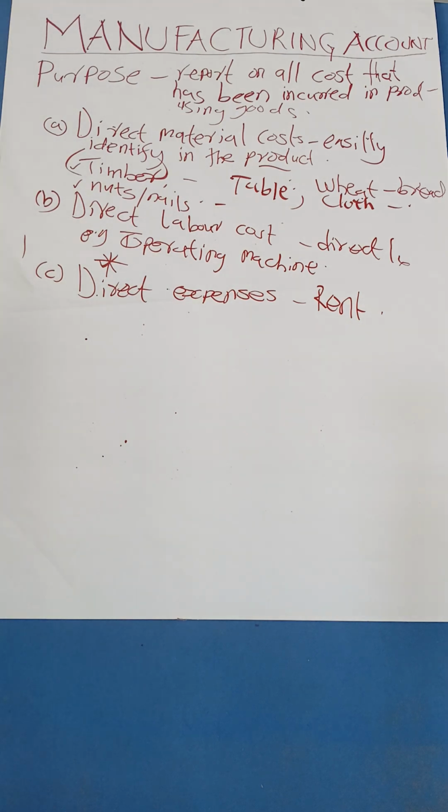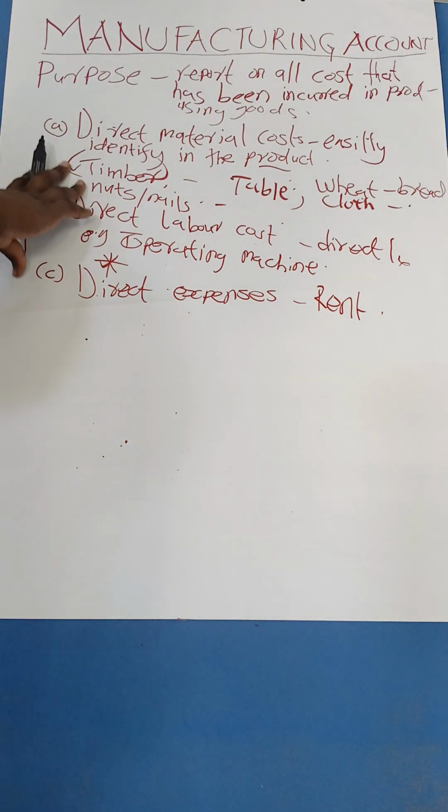Let us now see the indirect cost. Before we proceed, we have talked about the direct cost, which is categorized under 3.